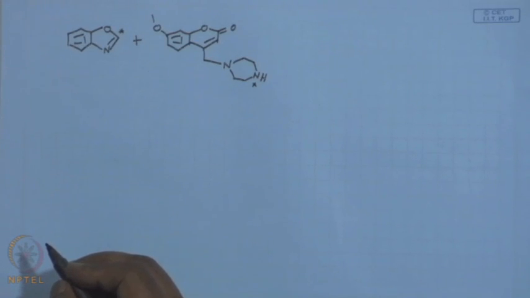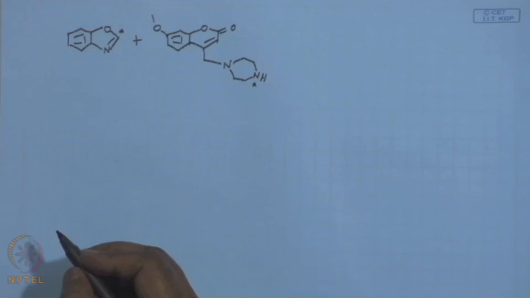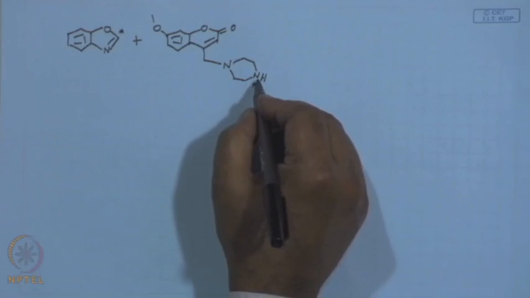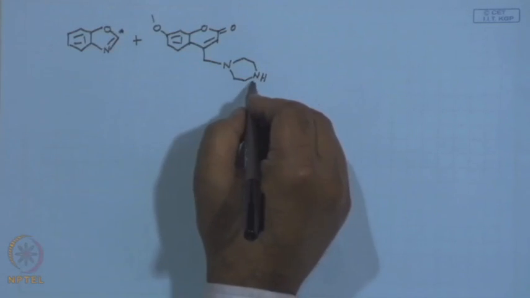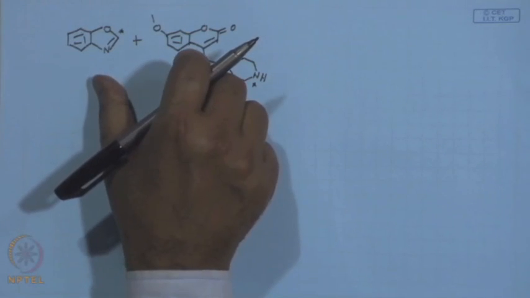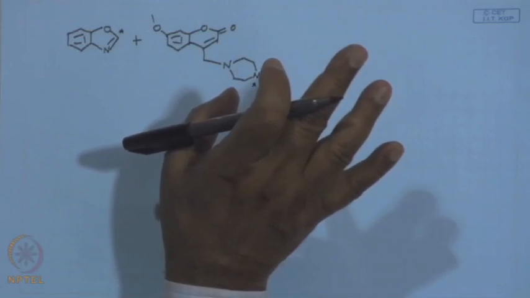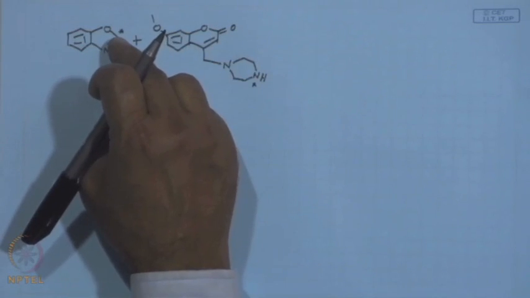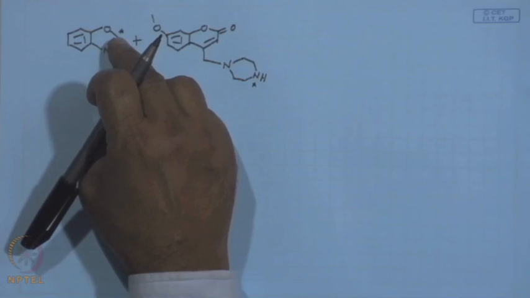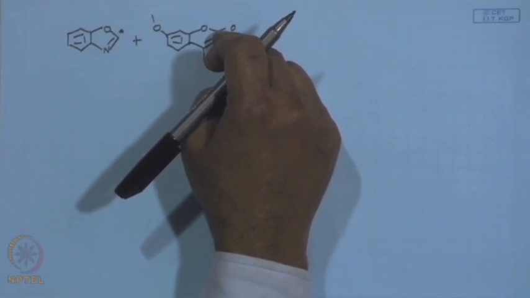How do you do it? If you think of lithiation etc., this nitrogen should be connected to this starred carbon. Given these two substances, it will be tough. For example, lithiation would not work. If you do a lithiation here and try to react with this, preferentially the lithium would react with the lactone ring system.